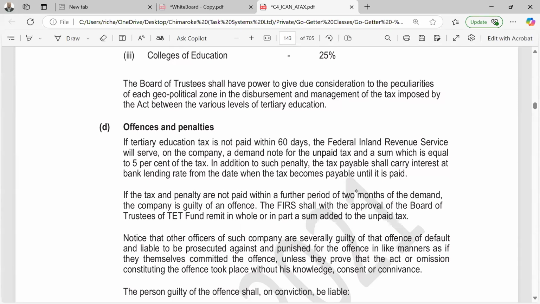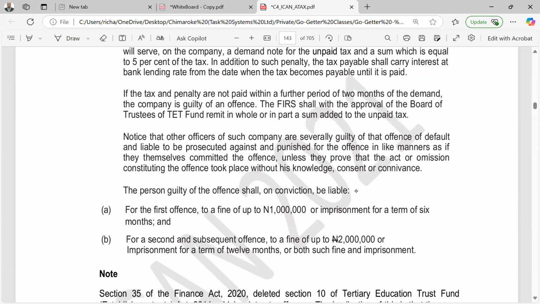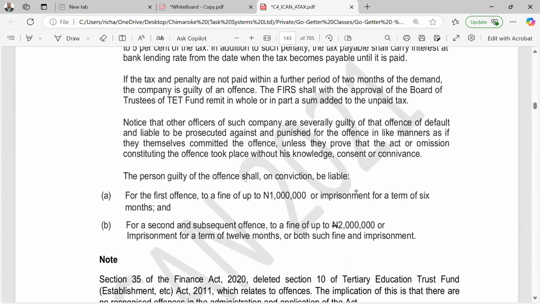And now the offenses and penalties: 5% is being charged as the penalty for not paying your tax on time. And if you are guilty of an offense of either not deducting or not remitting, you pay a 1 million naira fine or imprisonment of a term of 6 months or both.